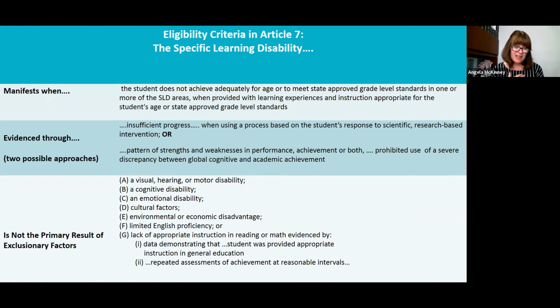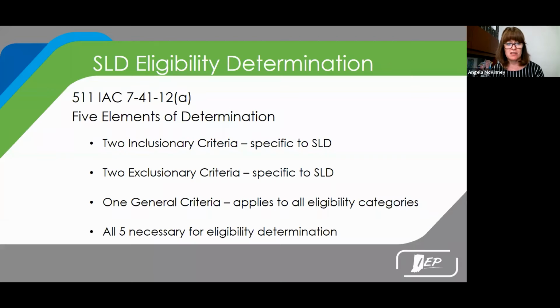You know, I could have some things going on in my environment that are disadvantaging my learning and my situation, but I could also have a learning disability. It has to do with it being the primary result of one of these things that would rule out a specific learning disability. So lots of things that we have to take care of, which makes our evaluations so long and so much fun, right?